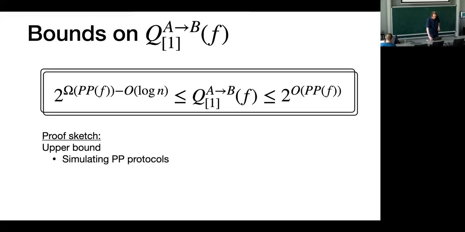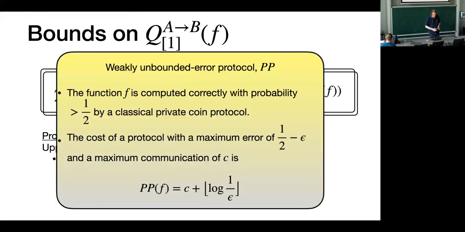Okay, so there's an upper bound. We're simulating these PP protocols, and here's the definition of what a PP protocol is. It's called the weakly unbounded error protocol, and you have a function that is computed correctly with probability larger than 1/2, let's say 1/2 plus epsilon. And if your error is then 1/2 minus epsilon, and the communication is C, then the complexity is C plus log 1 over epsilon.